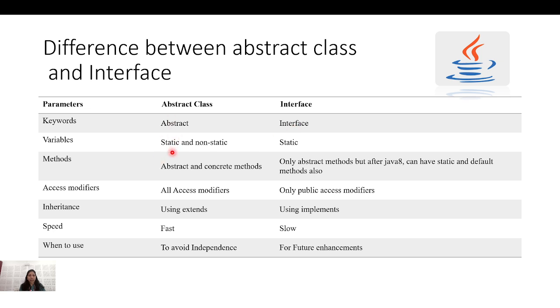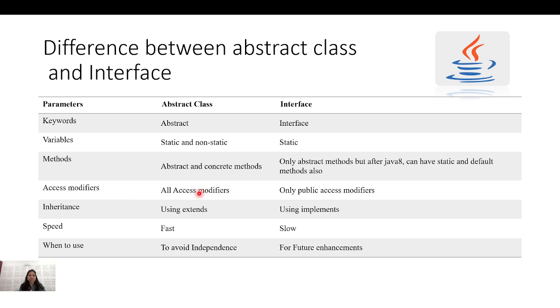The variables in an abstract class are static or non-static, while in interfaces the variables are compulsorily static. The methods in an abstract class can be abstract as well as concrete, but in interfaces I can only have abstract methods. But yes, after Java 8, we can have static and default methods also.